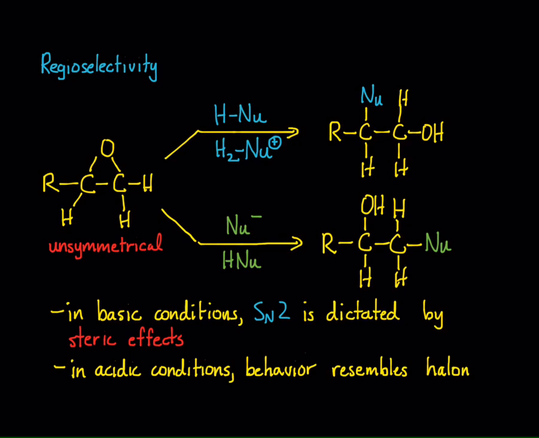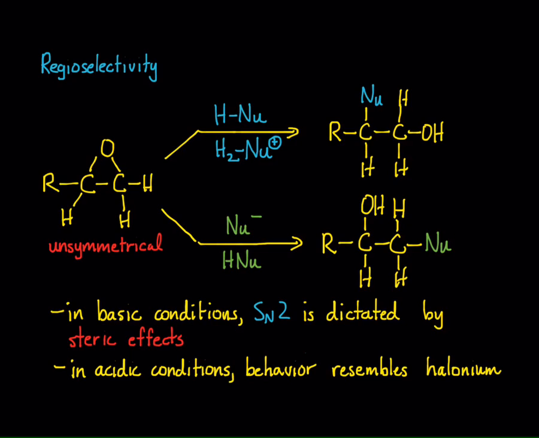We protonate the oxonium ion, and the behavior resembles that of the halonium ion, where the next step is a nucleophile comes in and attacks the most substituted carbon. So if you see the parallels between the mechanism of the halonium ion and the mercurinium ion and that of the epoxides, then it makes it a little bit easier to understand what's going on.